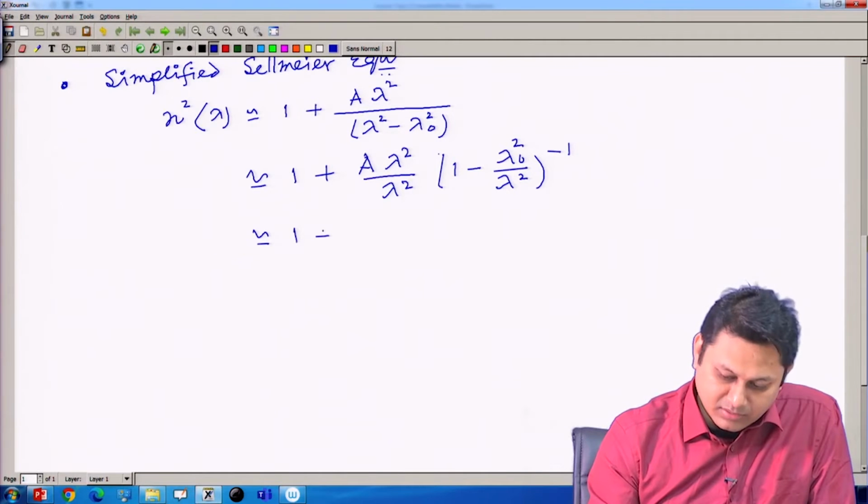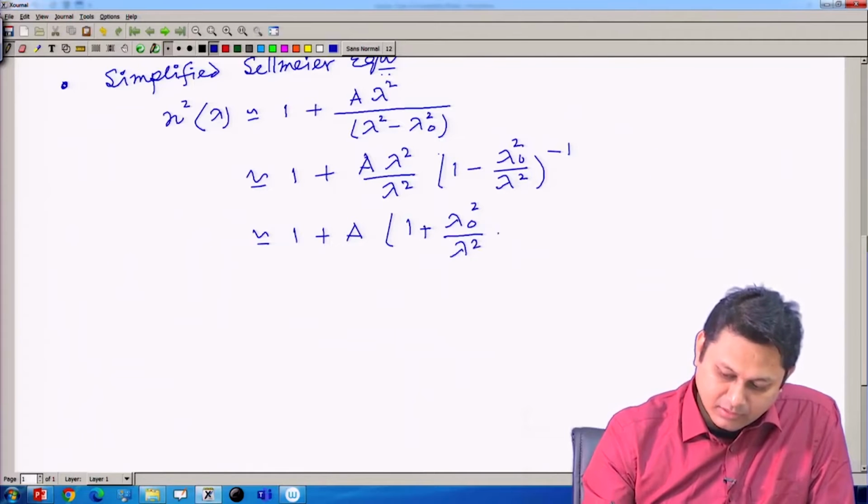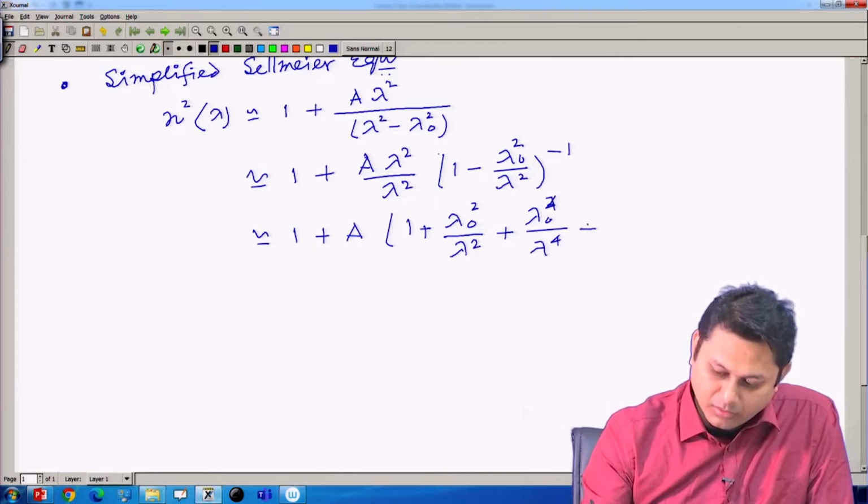So, this equation is simply 1 minus lambda 0 square, it should be plus if I expand this, to the power 4 divided by 4 and so on.